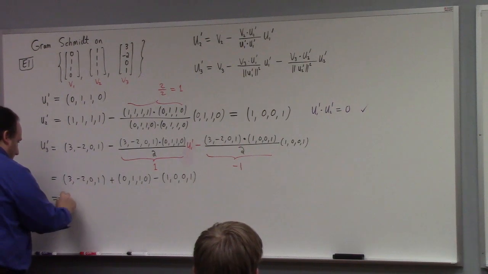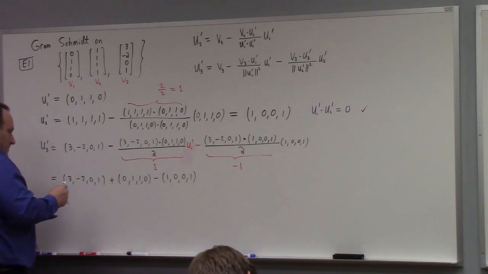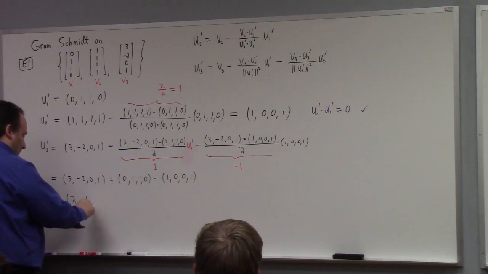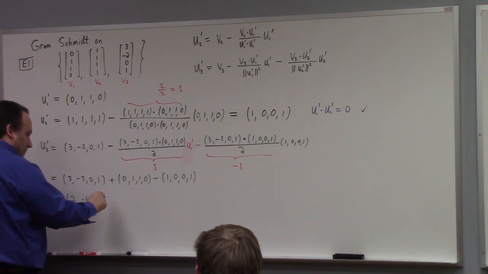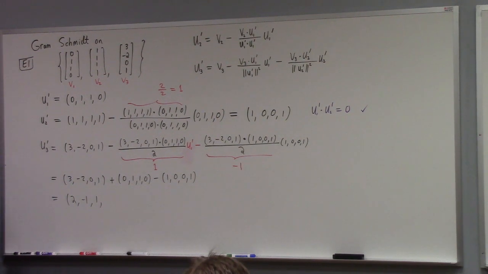So U3 prime, apparently, if I haven't done something stupid, which is to be seen, looks like I've got 2, -1, 1, 0? Oh, that feels wrong. Just a second, let me think about my life.